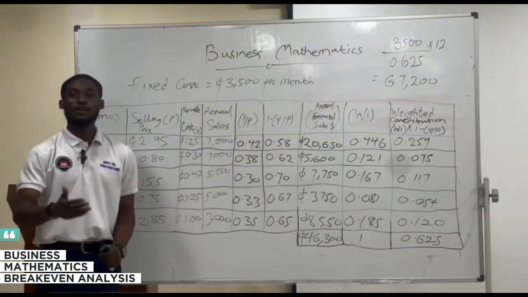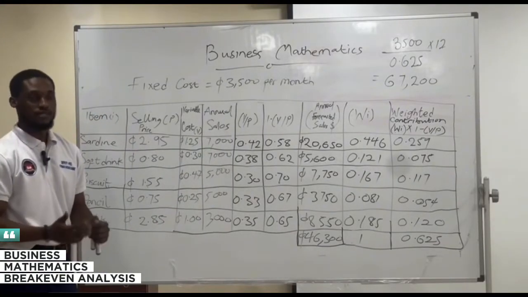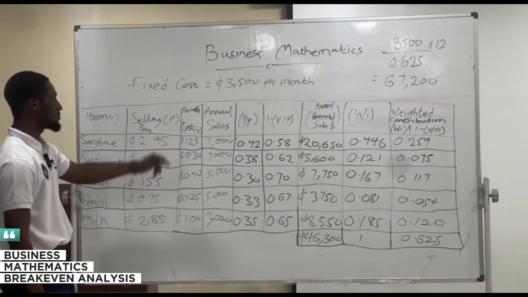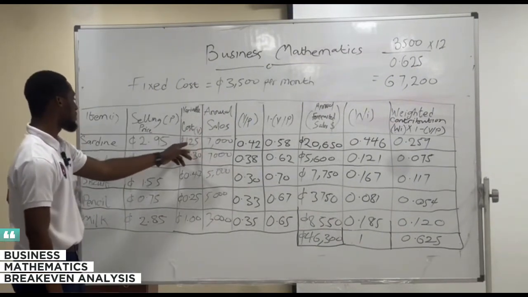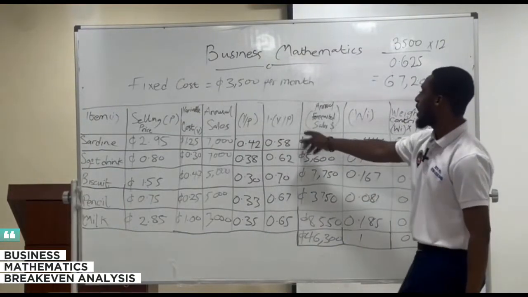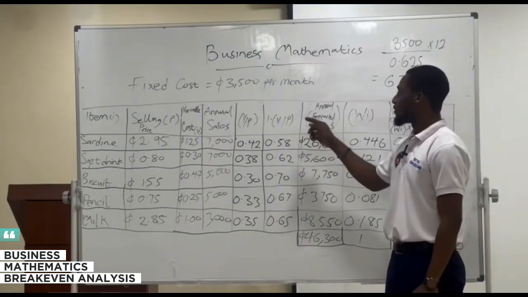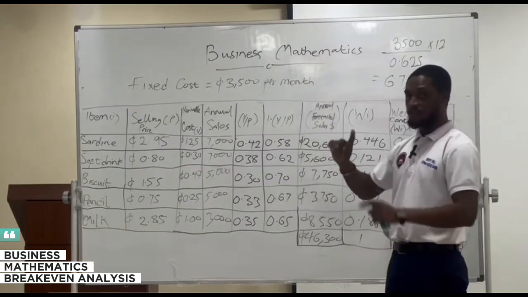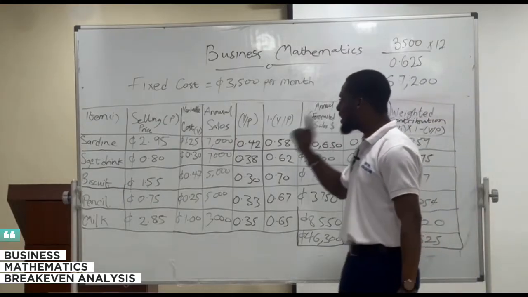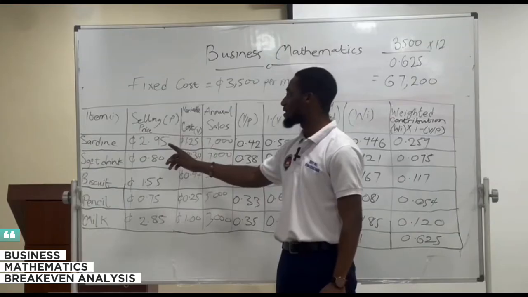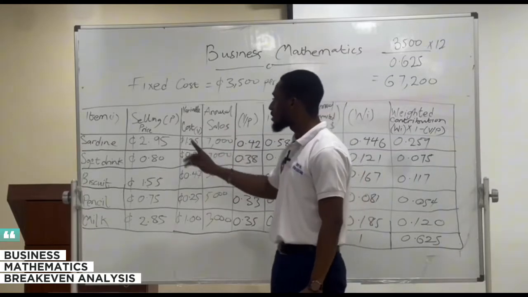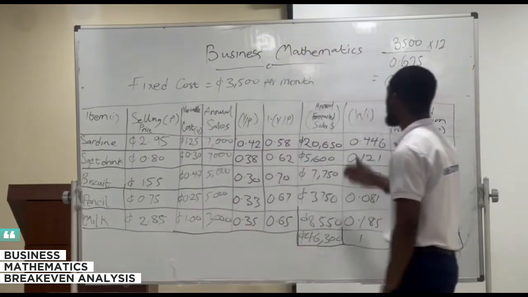Before you can find your V over P, you have your variable cost representing V and your selling price represented by P. So you divide each variable cost by each selling price to get your V on P. Now you subtract each V on P from 1 to get your 1 minus bracket V on P. With the annual forecasted sale, you multiply each annual sale of each item by the price of each item to get your annual forecasted sale.